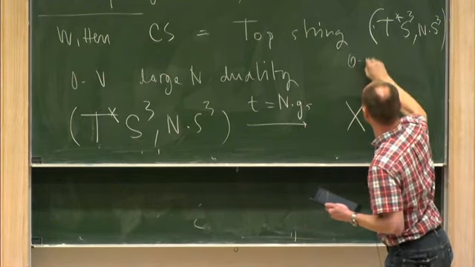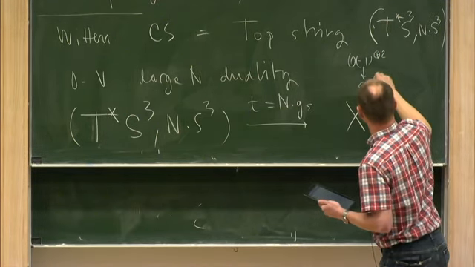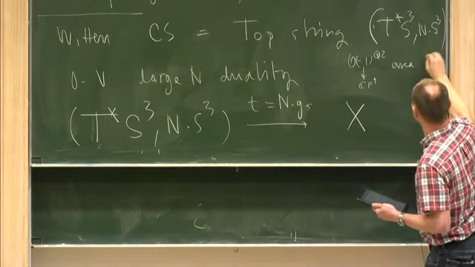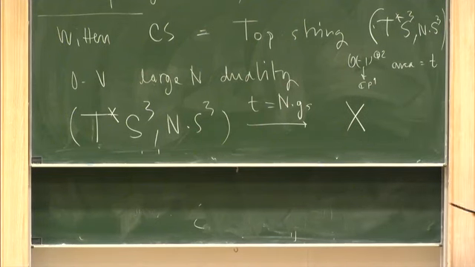So this is O(-1) plus O(-1). So we've heard this before, and this T is the area of CP^1.